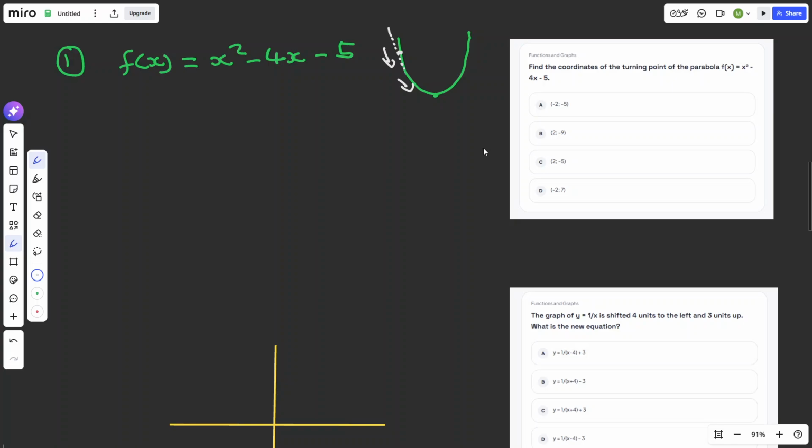Then it's going to reach this point here at the turning point, where if we were to draw a horizontal line here, we can see visually that the gradient would have to be 0. So that's where the turning point is. One way to find that solution is to differentiate and equate the output to 0, because at that point the gradient is 0.